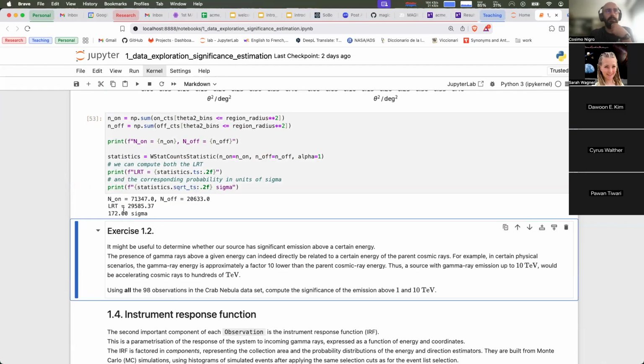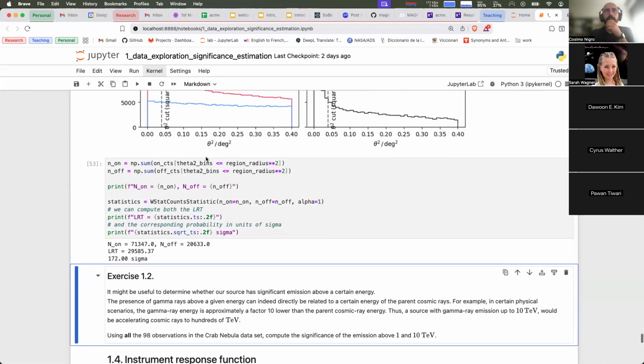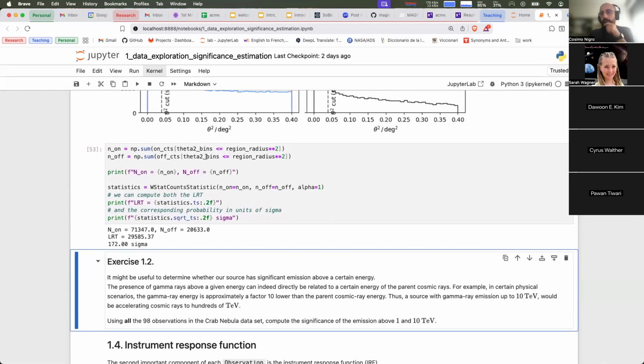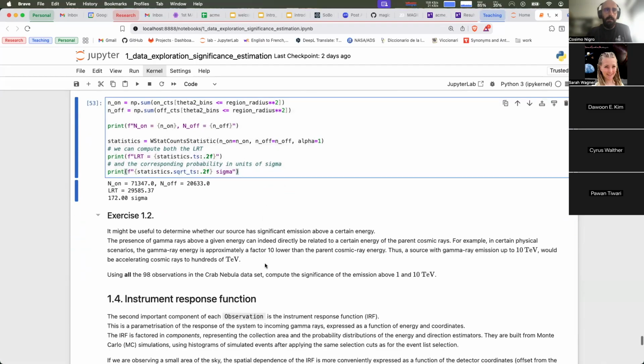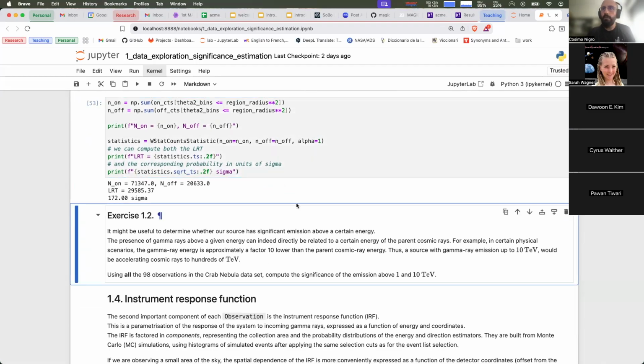Okay, yeah, I get 172. Okay, very good. Any questions on this? Did everyone get the cumulative significance? Okay. Very good. The second exercise, I leave it for you.